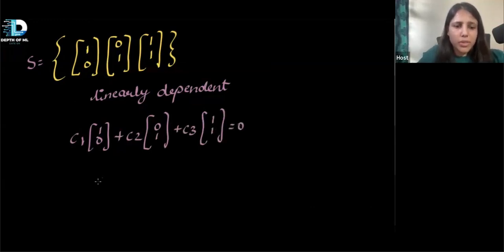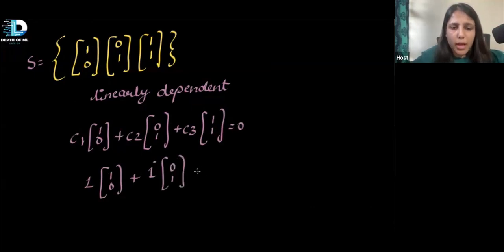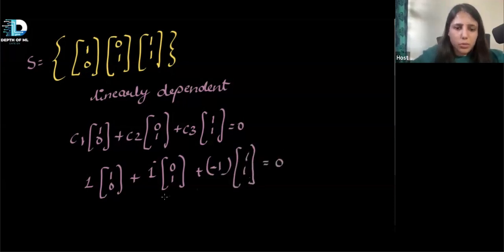Now what I can do is take 1 times (1, 0) plus 1 times (0, 1) and minus 1 times (1, 1), which equals 0.